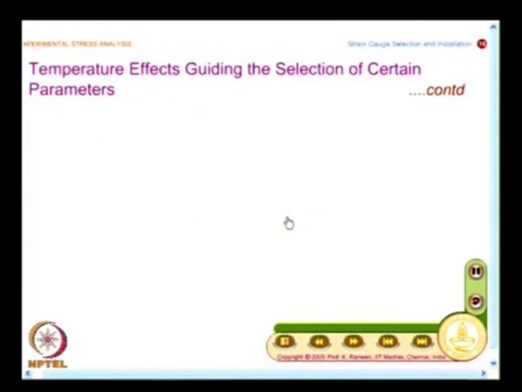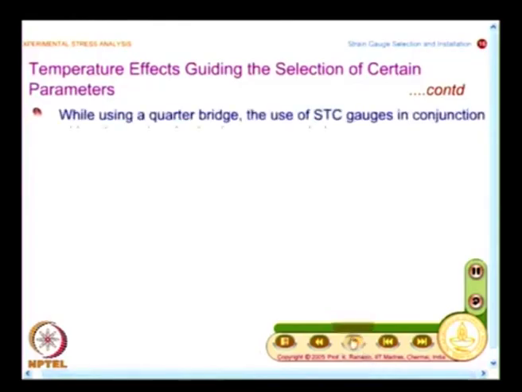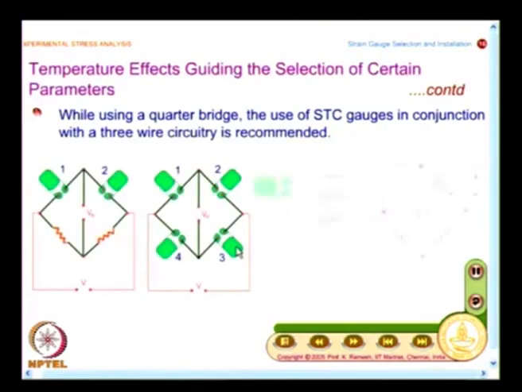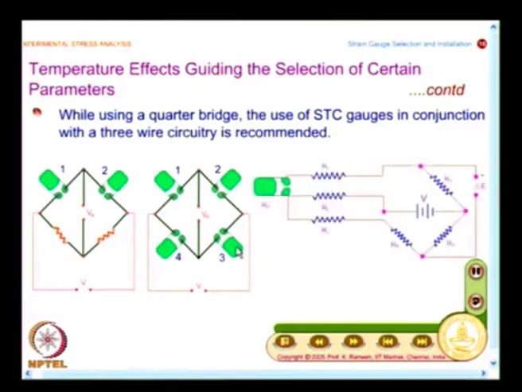But in many applications where you are interested in strain measurement, you may end up using only a quarter bridge. So, how do I proceed when I have a quarter bridge arrangement? We have seen how to minimize the error when you use a quarter bridge: instead of a 2 wire circuitry, go for a 3 wire circuitry.